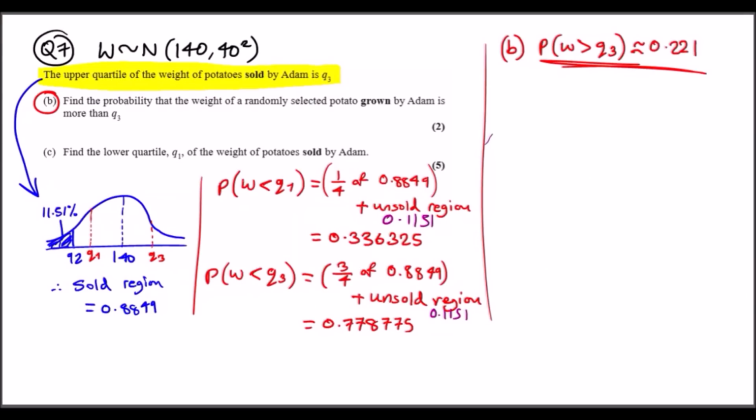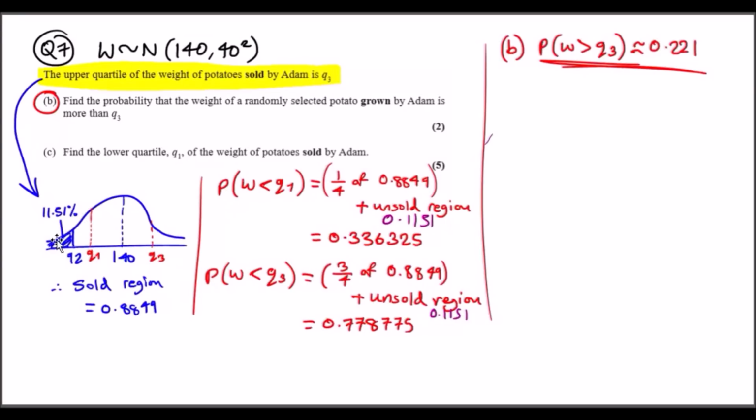Okay, part B. The upper quarter of the weight of potatoes sold by Adam is Q3. Now we need to find the probability that the weight of any potato grown by Adam is more than Q3. For these kinds of questions, and literally every question in the normal distribution, always redraw the bell curve with updated information.